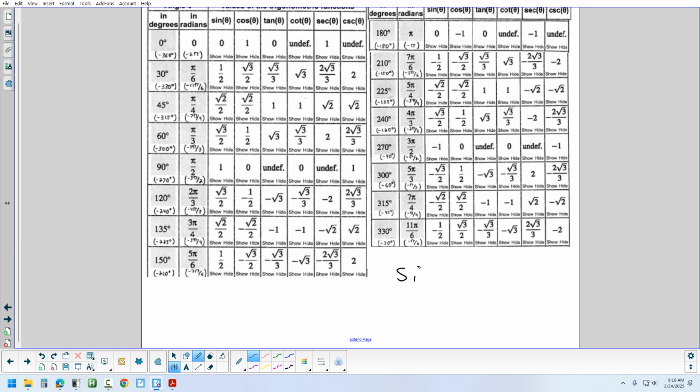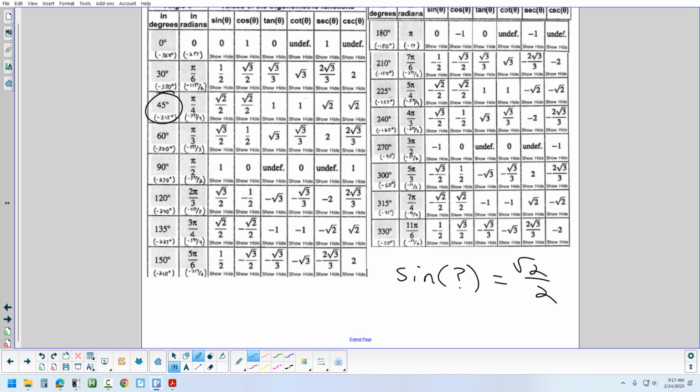You're trying to figure out what angle can you take the sine of and get root 2 over 2 as the answer. Okay, that's the goal. You're trying to figure out an angle. So let's go down the sine column. Where do you see an angle that you can take the sine of and get root 2 over 2? 45.